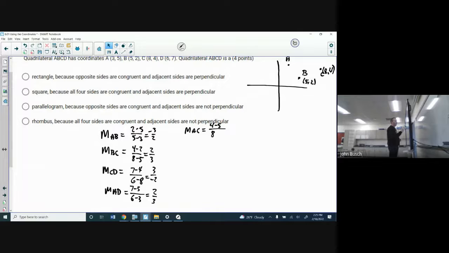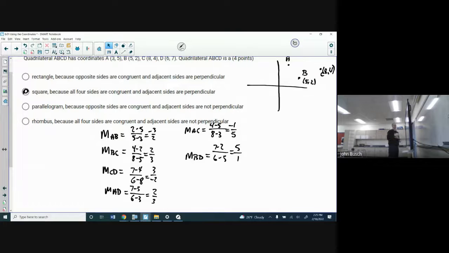That looks like it's negative 1 fifth. And then the slope of BD. It's the other diagonal. 7 minus 2 over 6 minus 5. 7 minus 2 is 5. 6 minus 5 is 1. Those are perpendicular. So it's definitely a square.